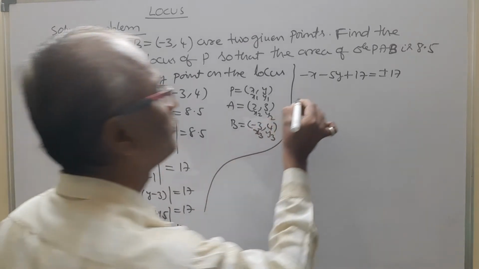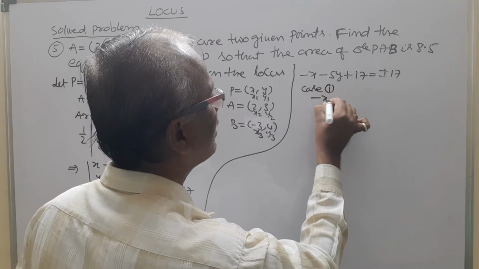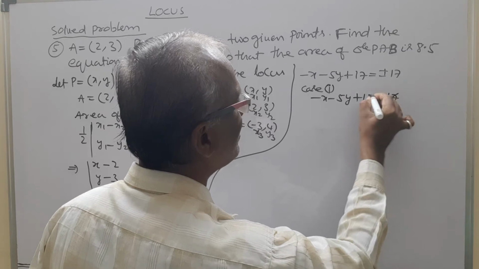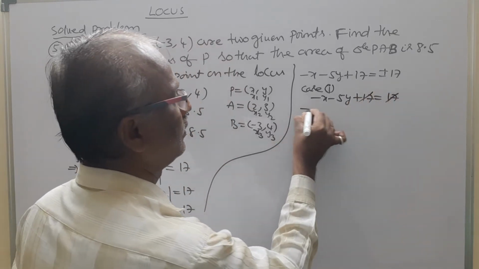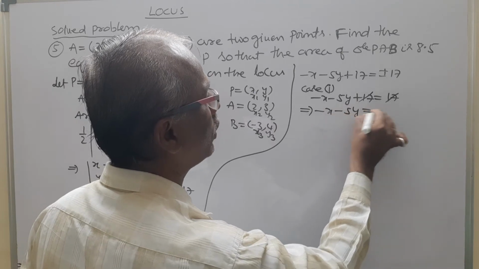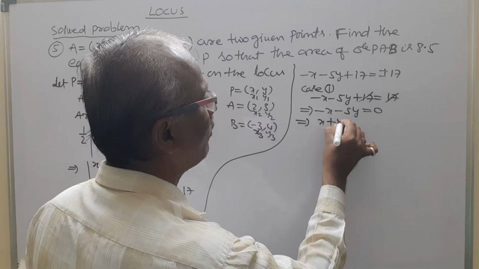Case 1: minus x minus 5y plus 17 equal to 17, 17 gets cancelled. Minus x minus 5y equal to 0, multiply with minus: x plus 5y equal to 0.